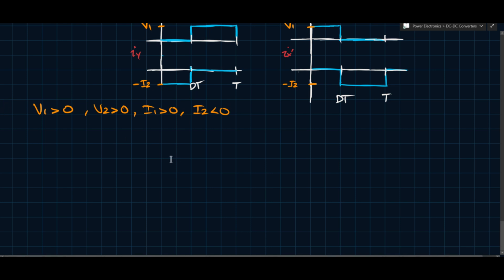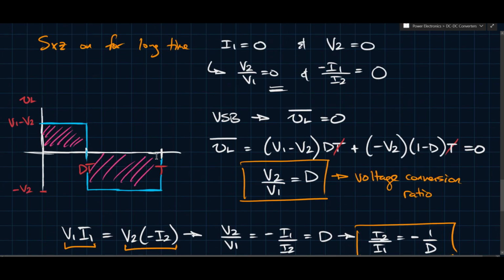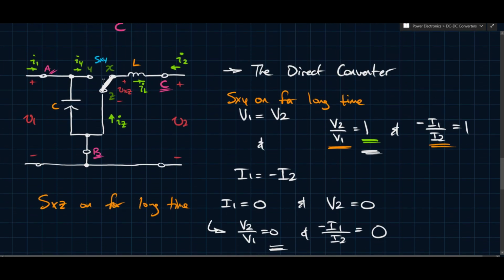Now, in this case, we have this type of situation. The current of the series switch, so the current IY that's going to go through SXY, is going to be positive, right? And the voltage that drops across this switch will also be positive because V1 is greater than V2.